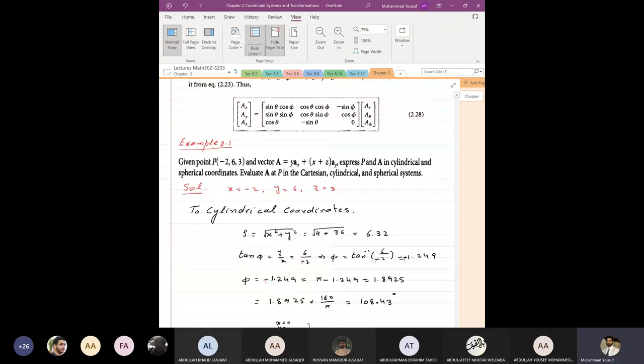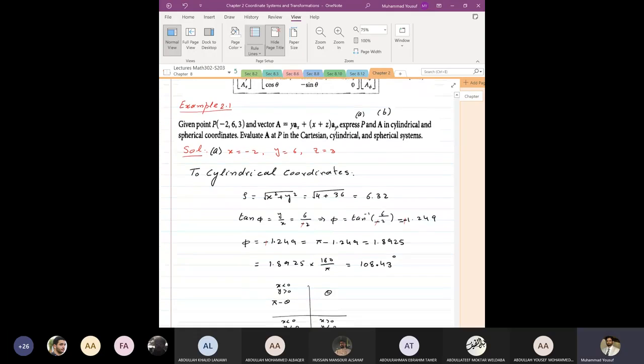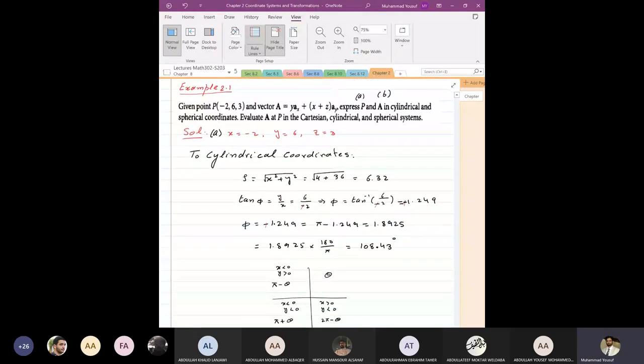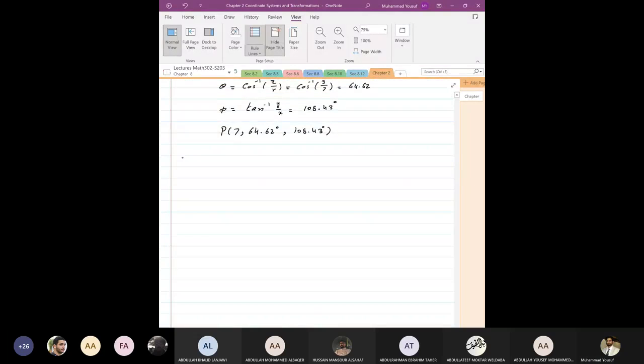Let me say this is part A of the question with a point P, and part B of the question is with vector A. We have vector A. They are not writing anything on the vector, but just for us to remember, this A is a vector because in the book they make it bold. Here I cannot make it bold, so I put an arrow here.